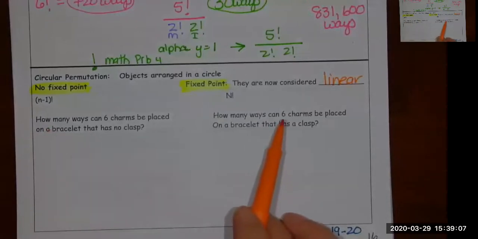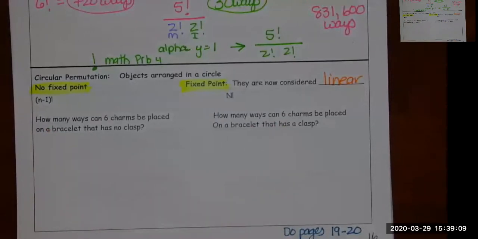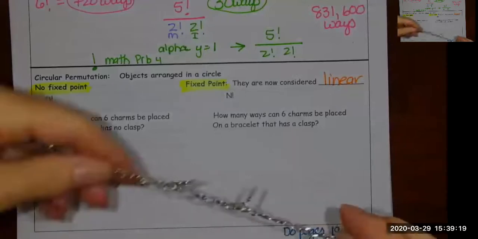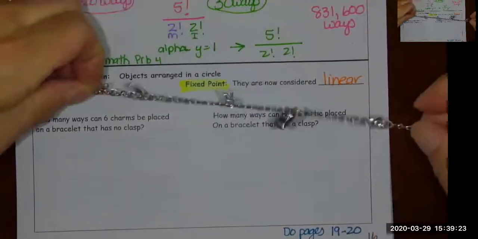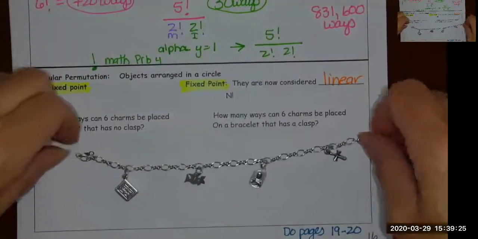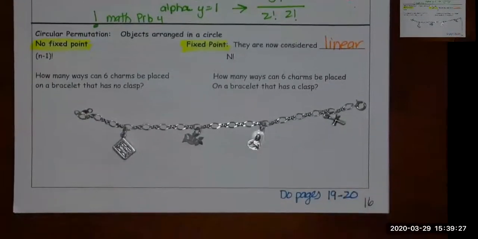Now, if you think about a circle, well, actually I have a bracelet on. Let me take it off and I can use it and show you. Okay, so here's my bracelet. Is that small enough for you to see? So this is mine. I never take it off. But anyway, I have this bracelet on and I only have 4 charms.